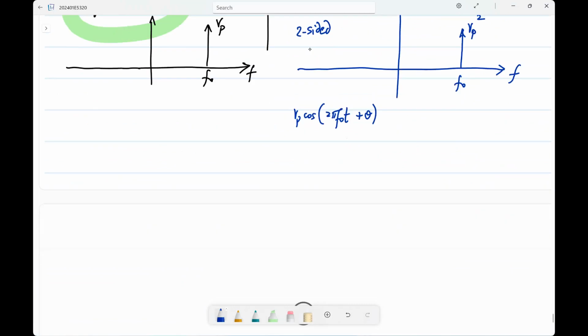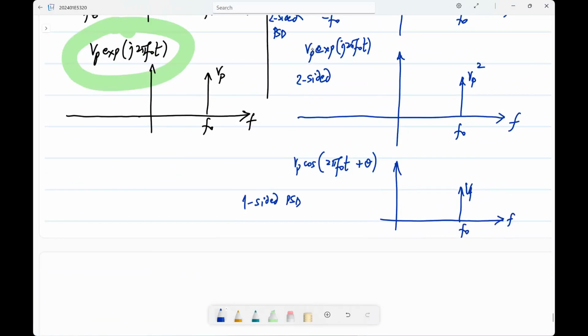If you want to show one-sided power spectral density, what would it be? You will have a component only at f naught, and what will be the area? Vp square by how much? It will be Vp square by 2. If you integrate the one-sided spectral density or two-sided spectral density, you should get the power. So in that sense, they're consistent. One-sided, it's not just that you show one half of it. If you integrate it, then you will get Vp square by 4, right?